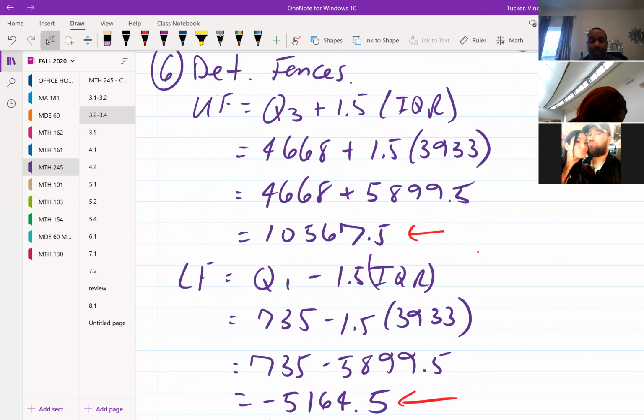So if anything is less than that negative 5164.5, then it would be an outlier. Any questions?